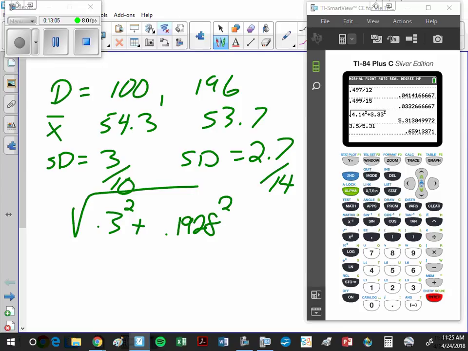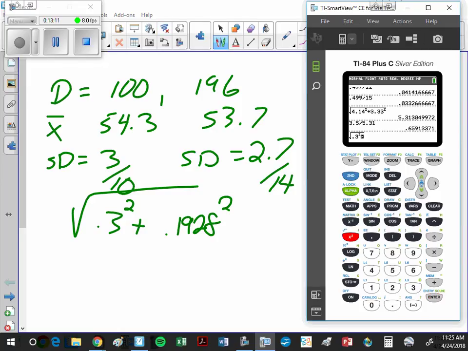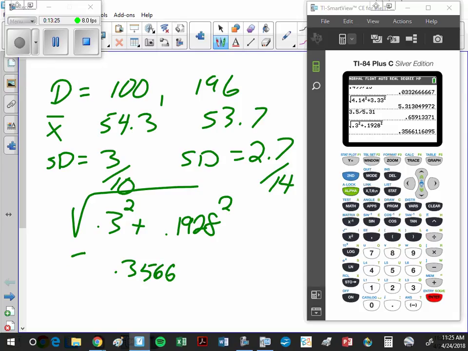We take the SE difference, so the square root of 0.3 squared plus 0.1928 squared, and that gives me 0.3566 as my SED.